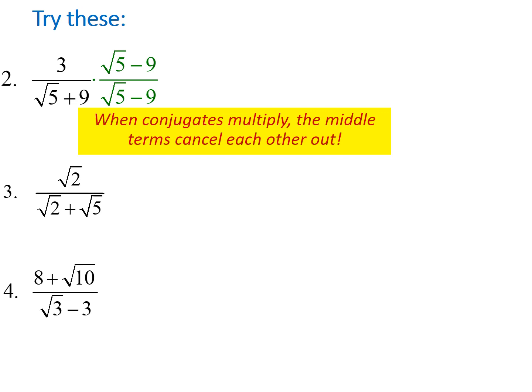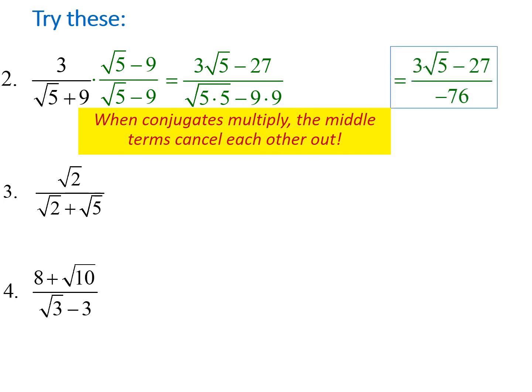So our conjugate is going to be the square root of 5 minus 9. We multiply the top and the bottom, and then we're going to distribute at the top and FOIL at the bottom. After that, we simplify. And once we simplify, this is what we get. 3 times the square root of 5 minus 27 all over negative 76.